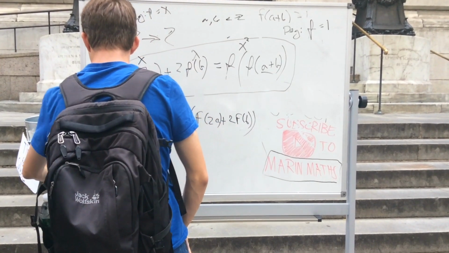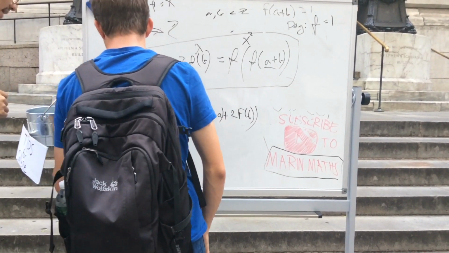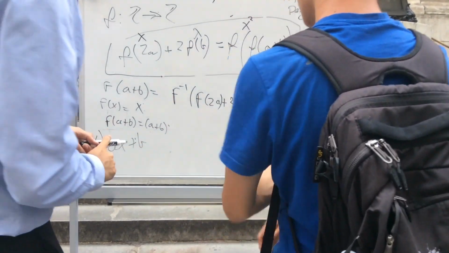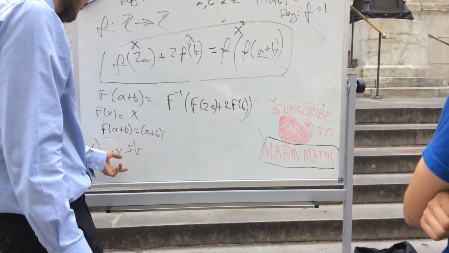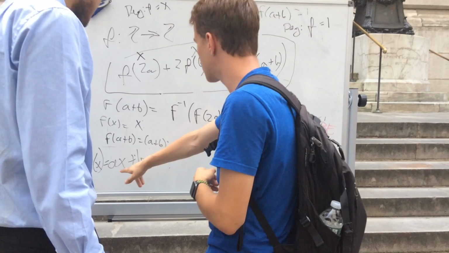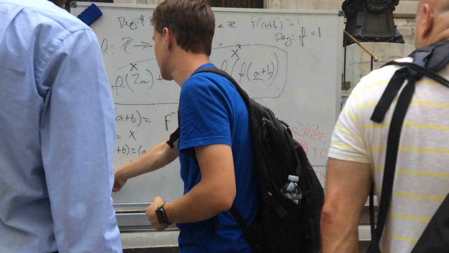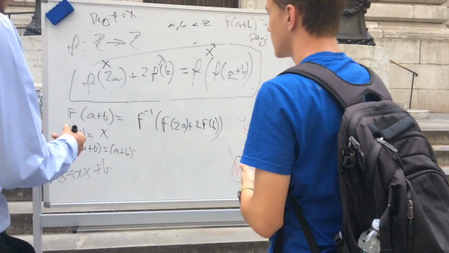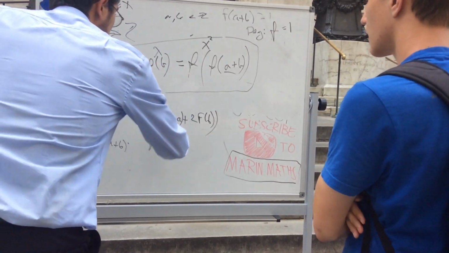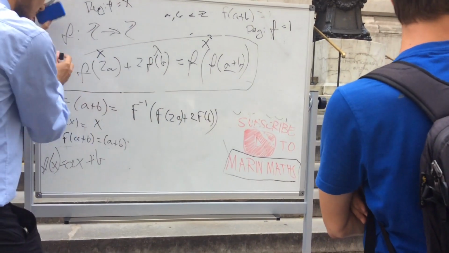Oh, I get it. Well, we could try that. F of x is this, but then it's another a. Let's try that. So let me just erase this.